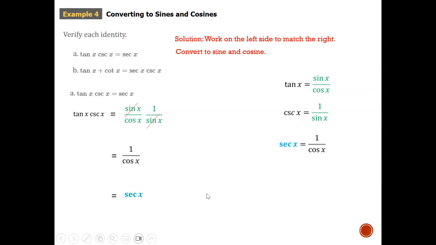Okay. Now let's do B part. We have tangent x plus cotangent x equals secant x cosecant x. Again, we're going to convert tangent x and cotangent x to sine and cosine.